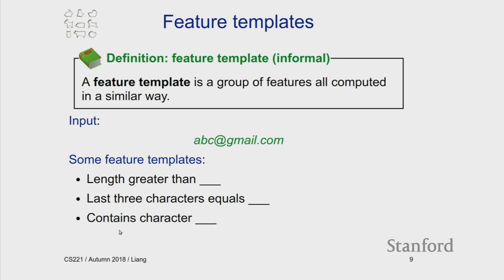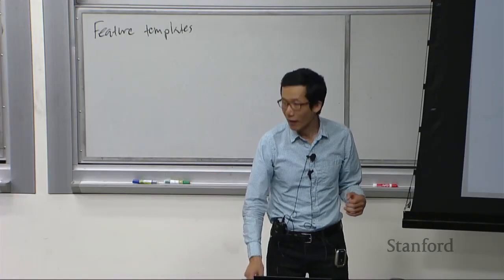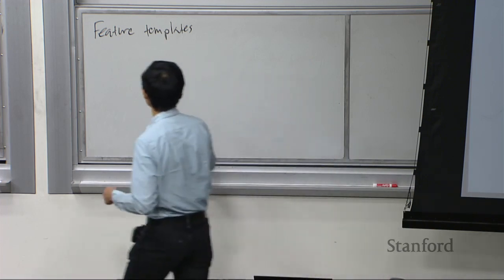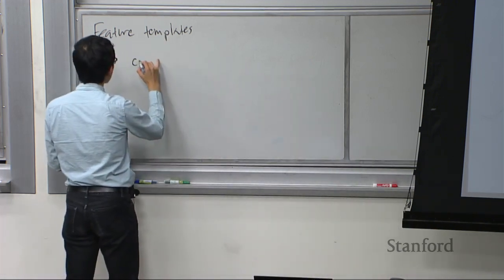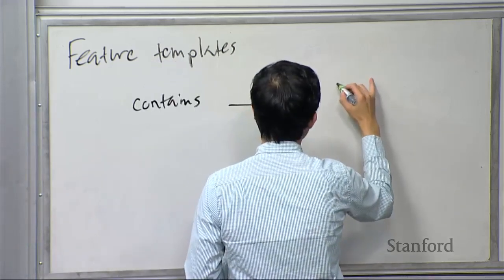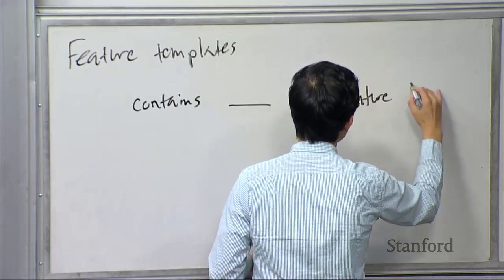Each feature, for example, contains character A, is the name of the feature, and the value is something like 1 or 0. Okay, so just to make this very clear, you have a feature like contains. So this is the feature template.